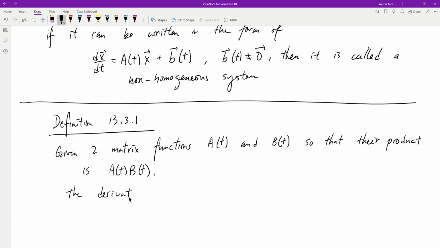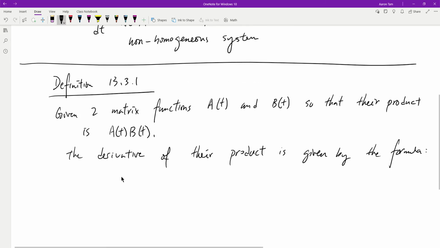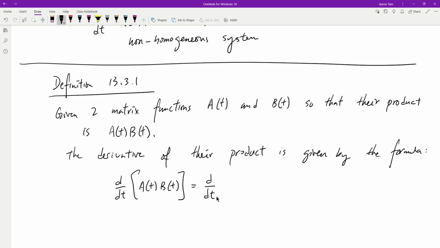Assuming the dimensions of these two matrices work out to form a product, so the product is definitely defined, the derivative of the product is given by the formula: if you take the derivative with respect to t of A of t, B of t, it would equal the derivative of A of t multiplied by B of t plus A of t multiplied by the derivative of B of t.